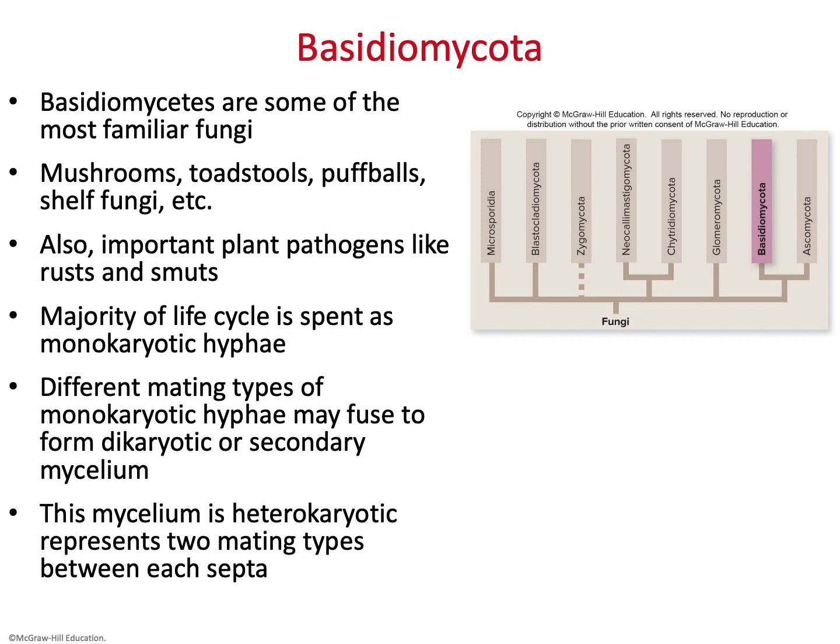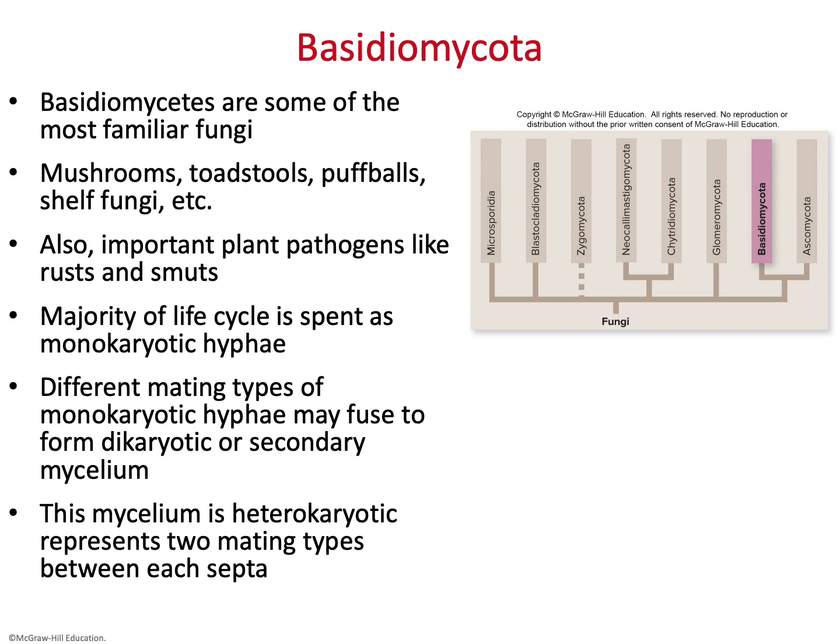They also include many important pathogens, as well as the majority of life cycle spent as monokaryotic hyphae. We did talk about monokaryotic hyphae and dikaryotic hyphae, so refresh your memories. The majority of these fungi actually live their life as monokaryotic hyphae.